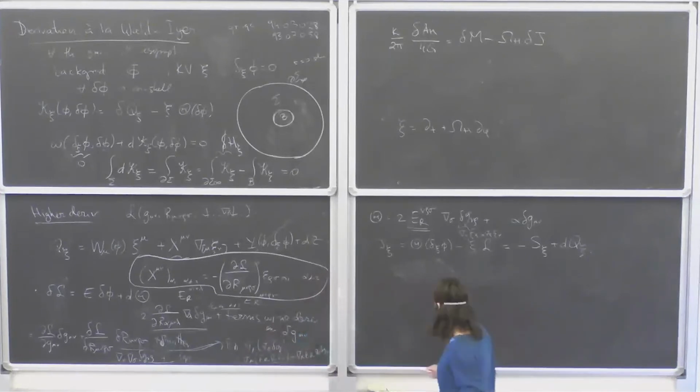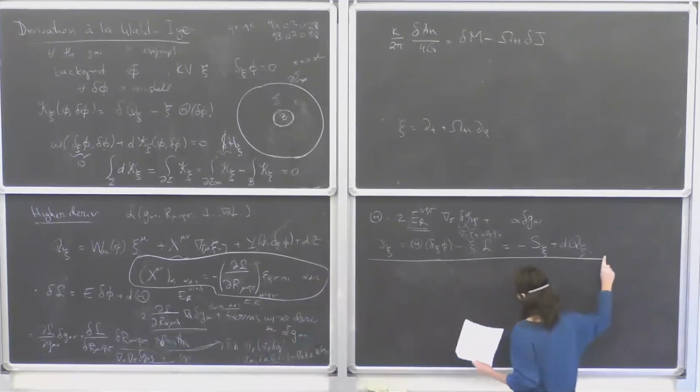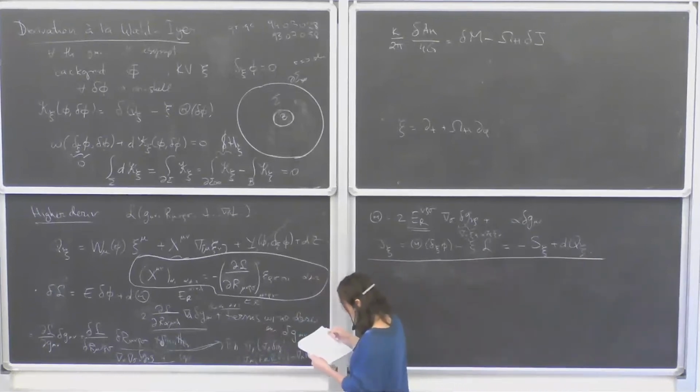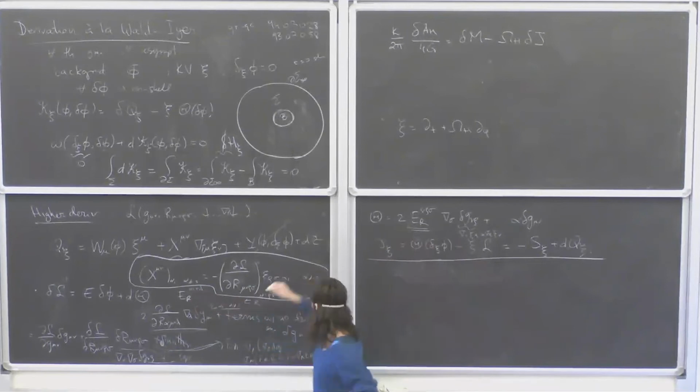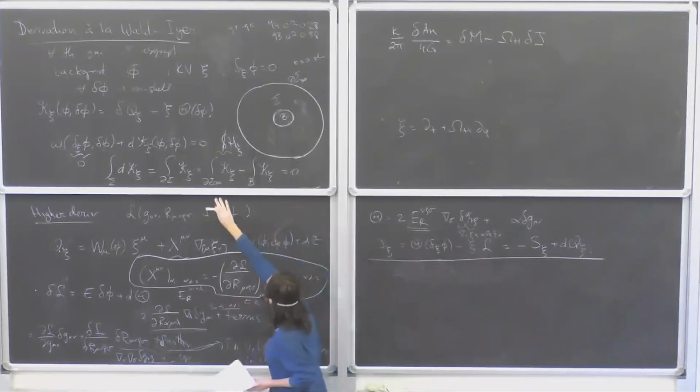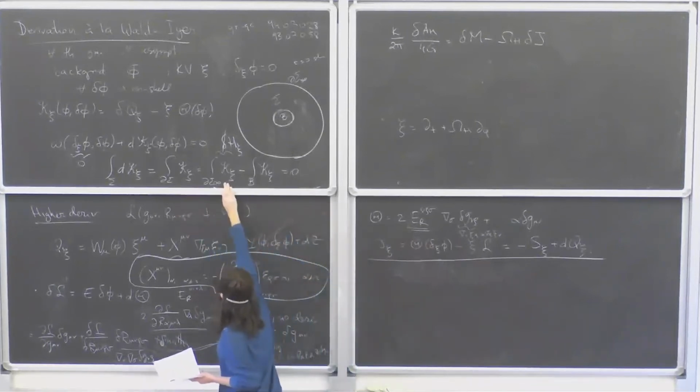And now, very good, we can look at the first law. As I already explained, the right hand side of the equation is just this term, which was just delta m minus omega delta j by definition.